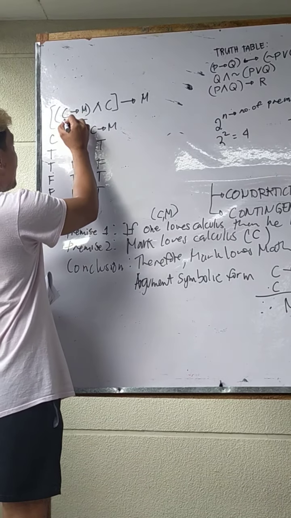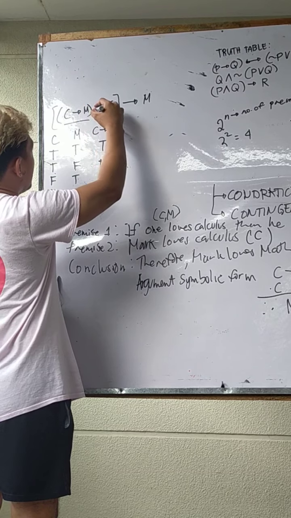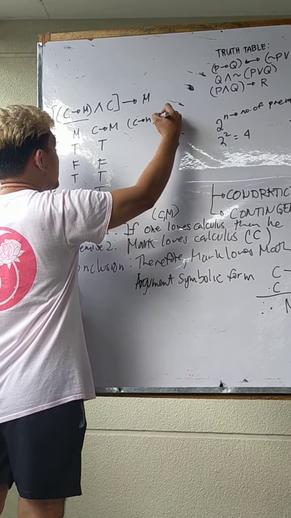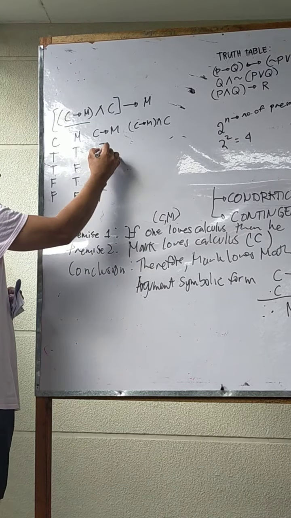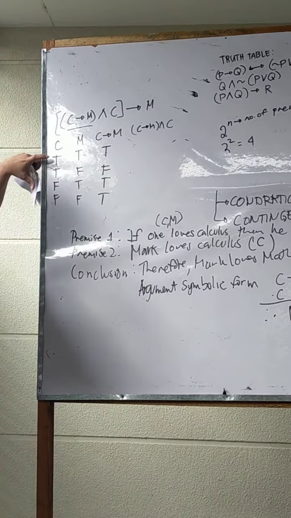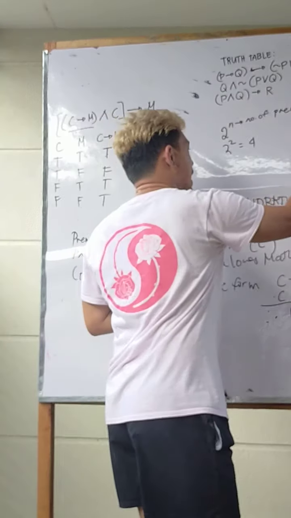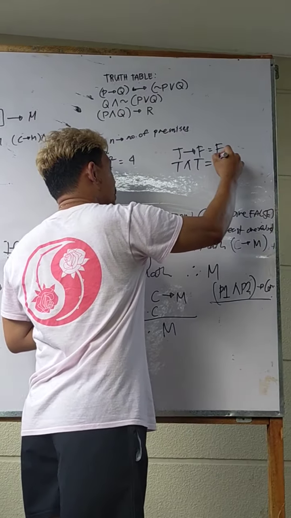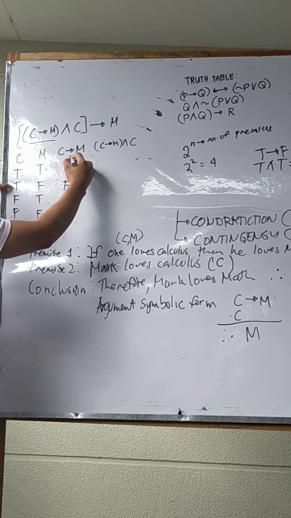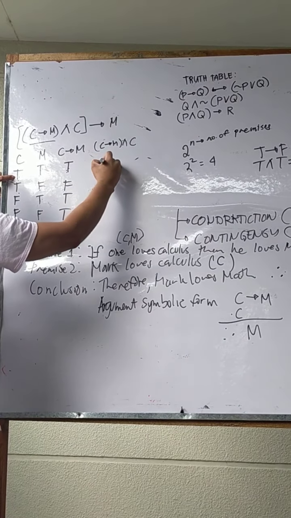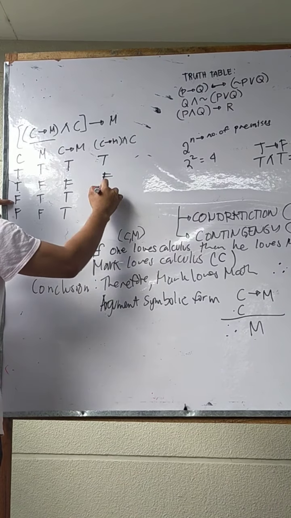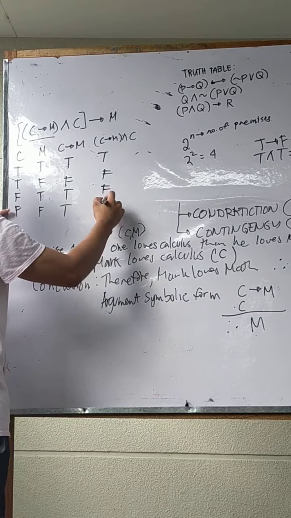Next, we already have C implies M. Let us have C implies M and C. True and true will always be true, then the rest will be false. Therefore, true and true is true, false and true is false, true and false is false, and false and false is false.